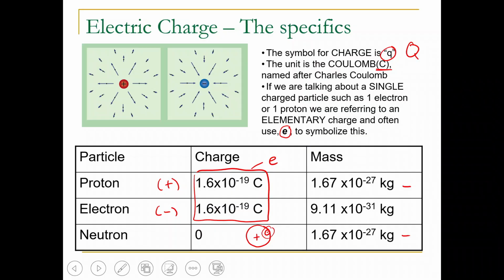The electron, I apologize, has a very, very small mass compared to the proton and the neutron, because the proton and neutron are about 10 to the negative 27th kilograms, and our electron is about 10 to the negative 31st kilograms, so significantly smaller.